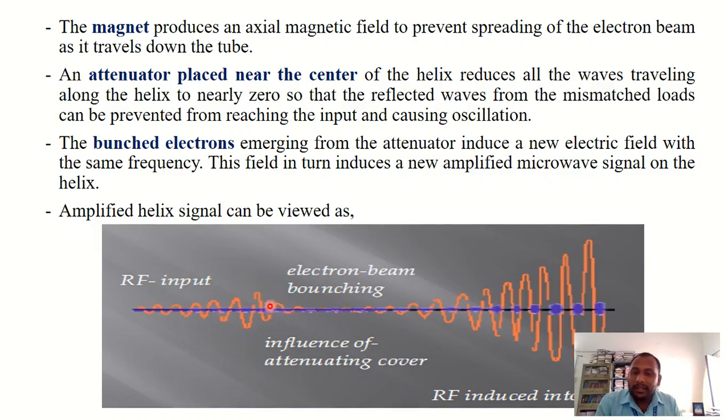At the same time, the strength of the signal becomes weak, brought down to zero. Both interact here. Here the electrons in the beam give up their energy to the field. Due to that, a new field is generated with a high signal strength. So this is how the amplification process is done in the helix traveling wave tube.